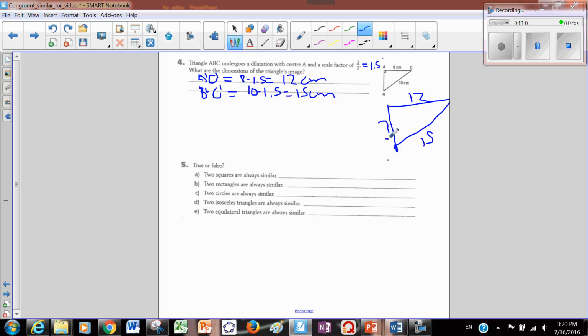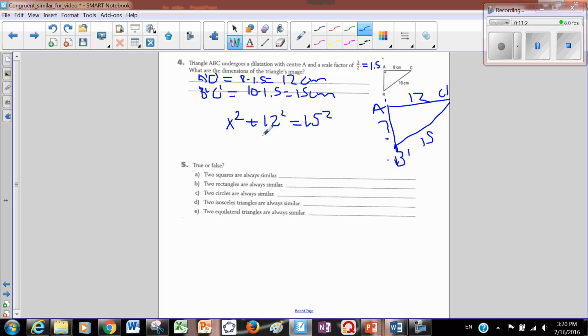And I'm looking for this one, the other side. So that's A prime C prime, and B prime. How can I figure out my other side? I can just use the Pythagorean theorem. I'm going to call it x. Okay, so x squared plus 12 squared has to equal 15 squared.